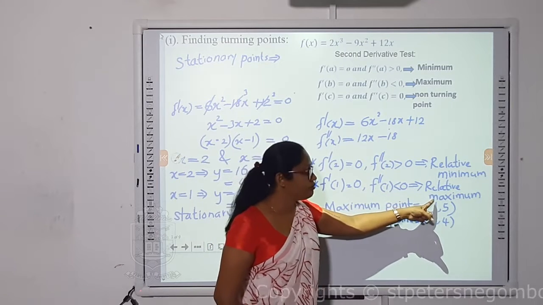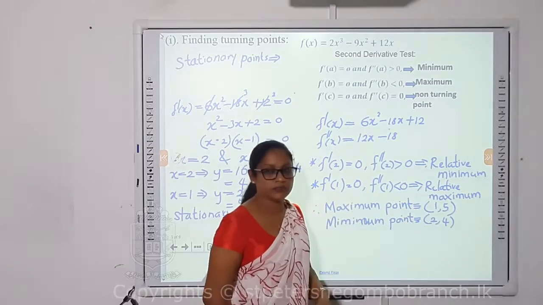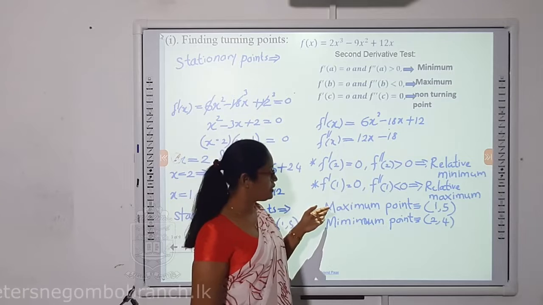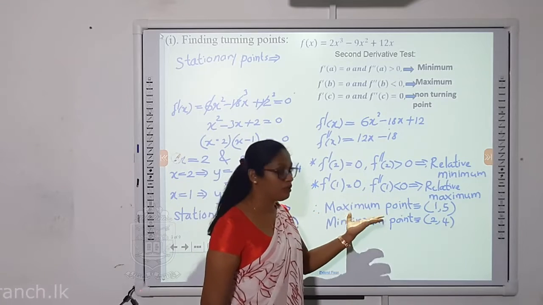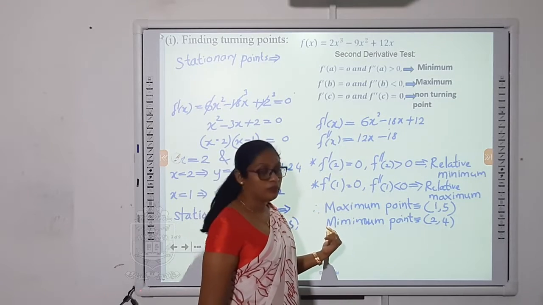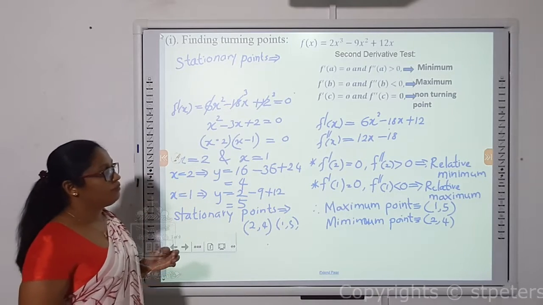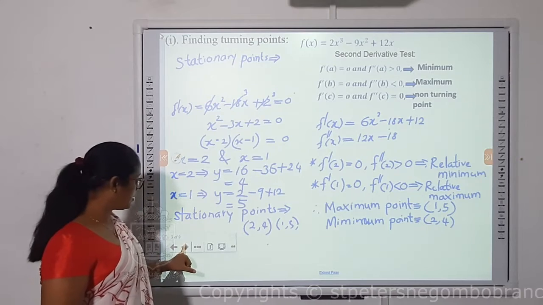So there is a relative maximum, right? Finally I concluded that (1, 5) is the maximum point and (2, 4) is the minimum point, right? So we found two things, the minimum point and the maximum point.